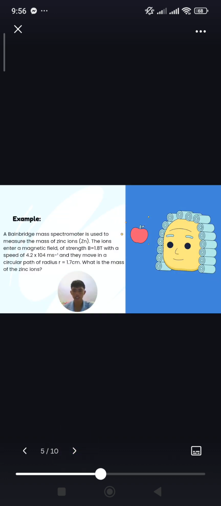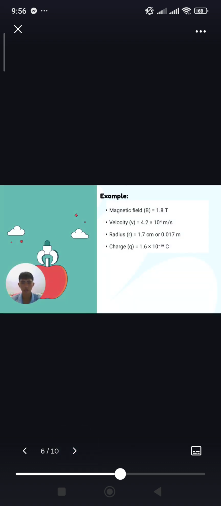Here is our first example. A Bainbridge mass spectrometer is used to measure the mass of zinc ions. The ions enter a magnetic field of strength B equal to 1.8 with a speed of 4.2 times 10^4 meter per second, and they move in a circular path. So in this example, we are given a magnetic field of 1.8 T or Tesla.